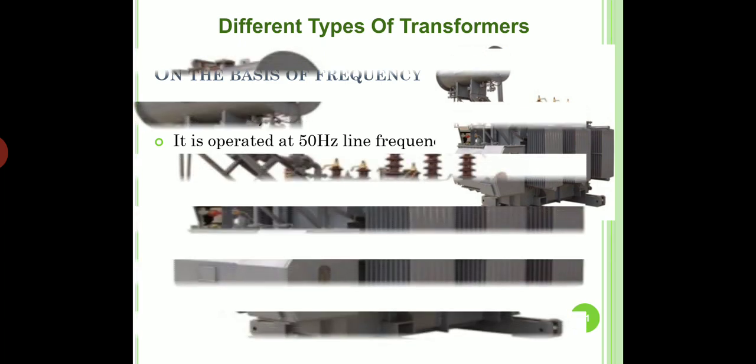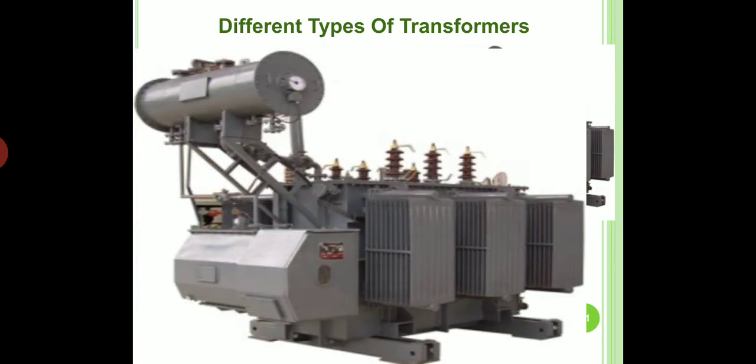There are three main poles in the middle, which is a three-phase connection. There will be a transformer at every corner of a lane, receiving about 440 volts three phase. Then that will be stepped down to 220 volts or 240 volts, which is the line voltage, and that will be supplied to household consumers.